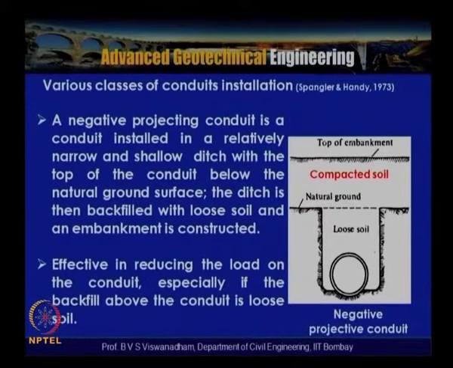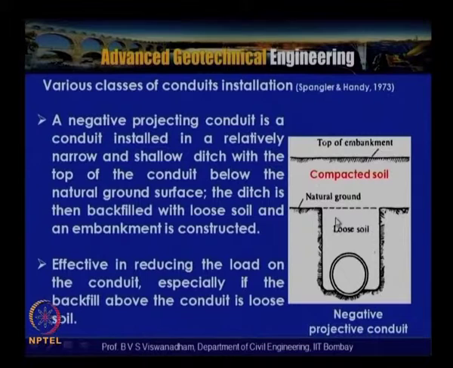There is also another class of projecting conduit called the negative projecting conduit. A negative projecting conduit is a conduit installed in a relatively narrow and shallow ditch with the top of the conduit below the natural ground surface, and the ditch is then backfilled with loose soil and an embankment is constructed.